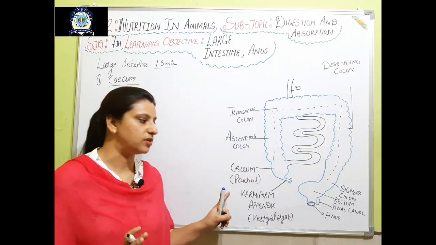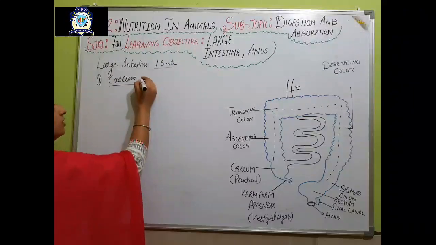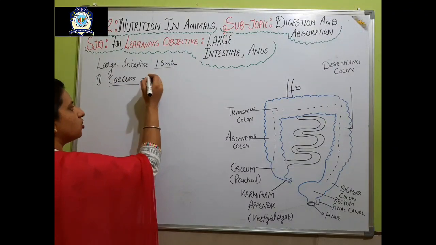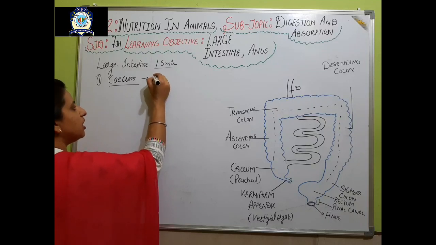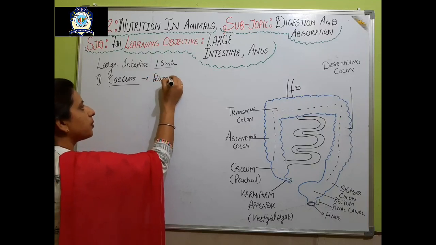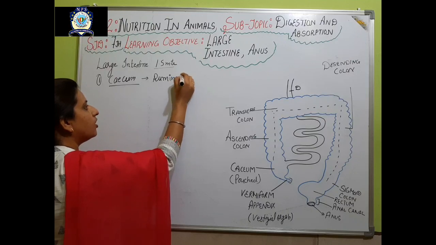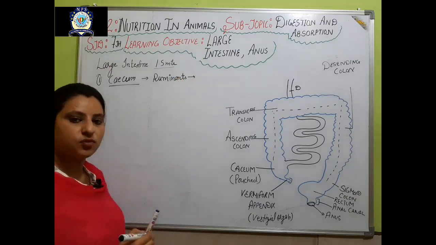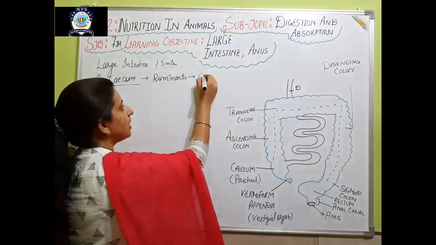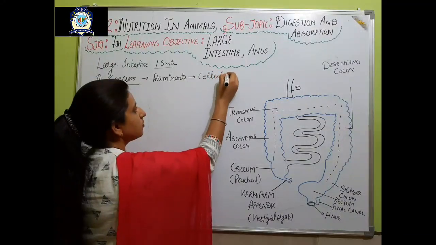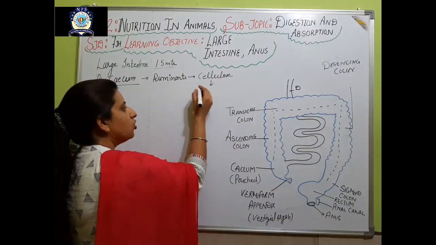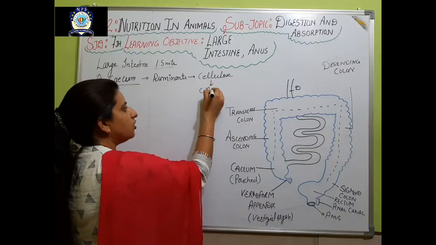Now the cecum is well developed mainly in ruminants, and ruminants are those animals which help in digesting cellulose. Cellulose is digested by the enzyme cellulase.